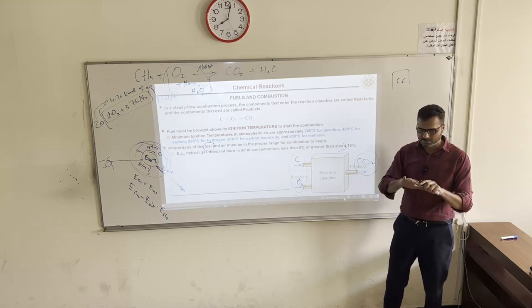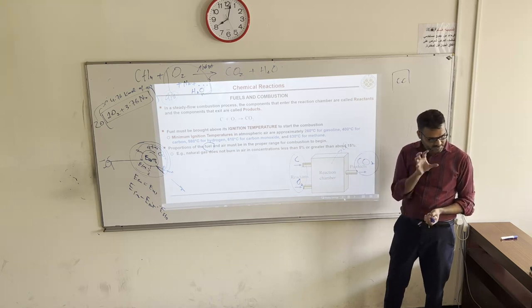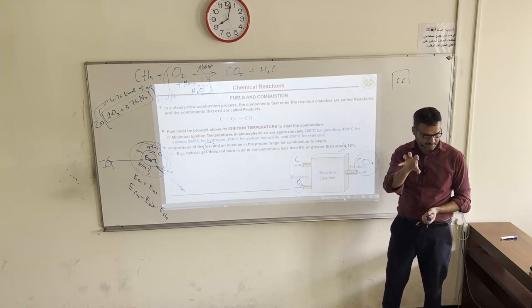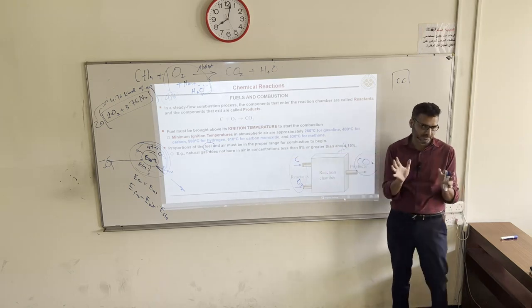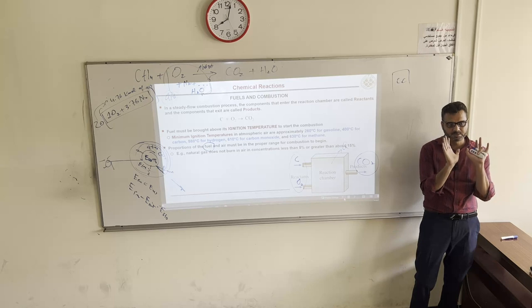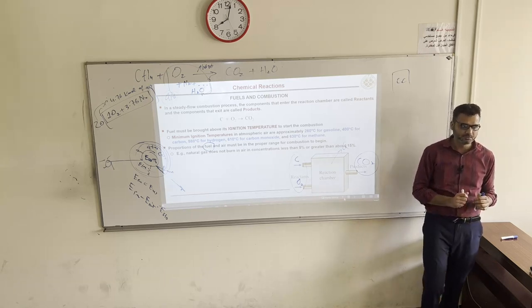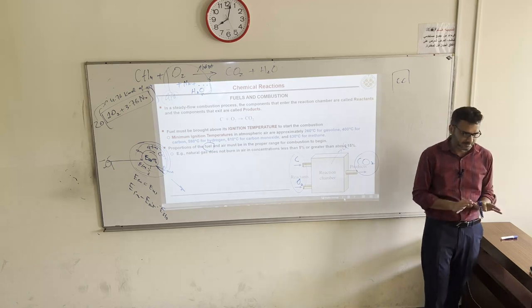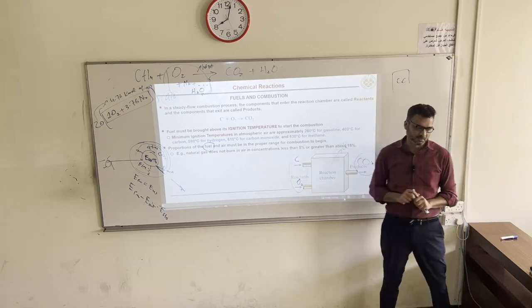For example, if there is 1 kilogram of air, there must be 5% of this as CH4, between 5 and 15. So a proper proportion should be there for its combustion. If too much air or too little air, then combustion will not take place.